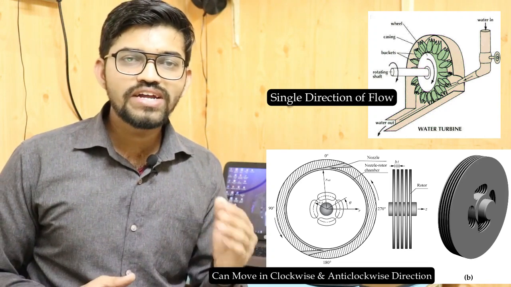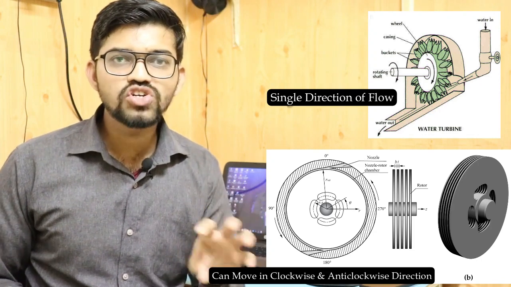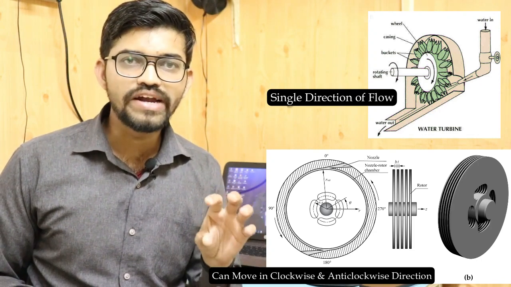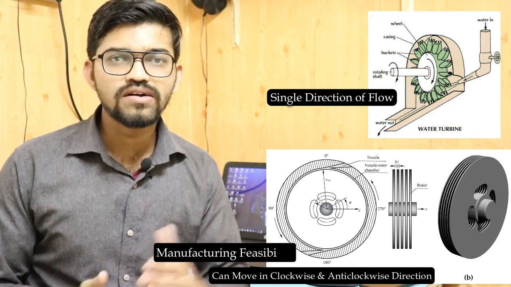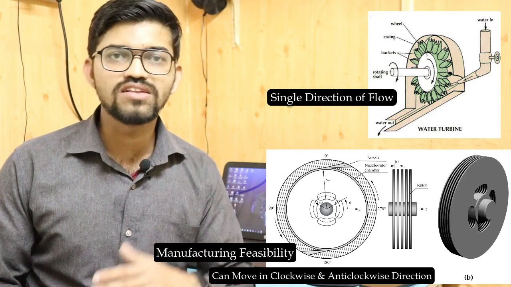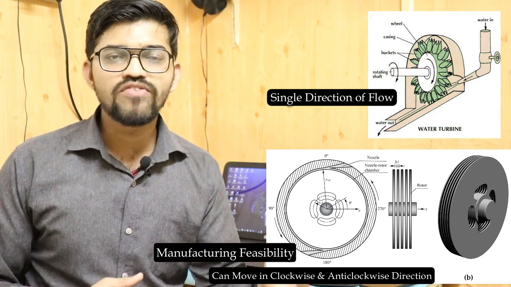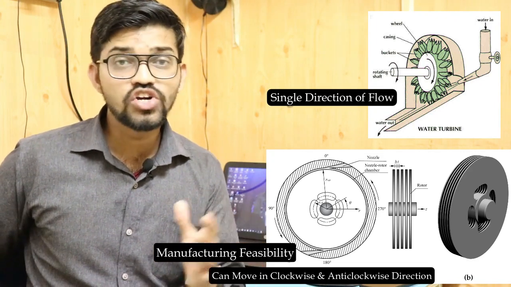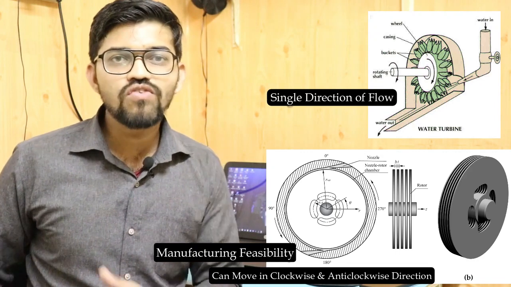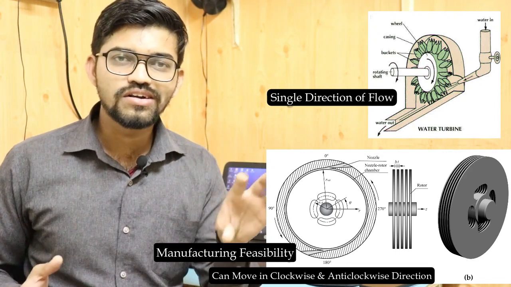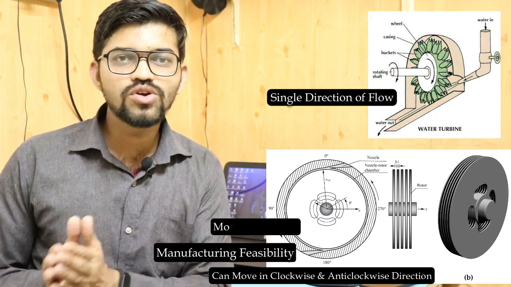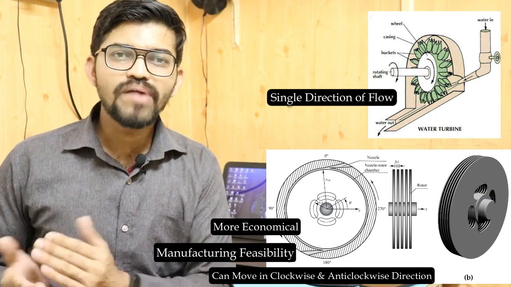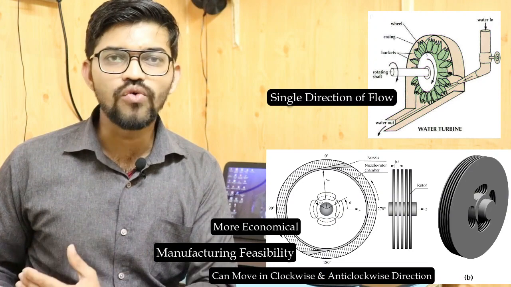Also, there is another advantage: in the manufacturing of a conventional turbine, the turbine blades need to be cast, or some sort of heat treatment and other processes are needed. But in the case of the Tesla turbine, the turbine blade itself is eliminated. This is the reason it is very economical, and the manufacturing is very easy.